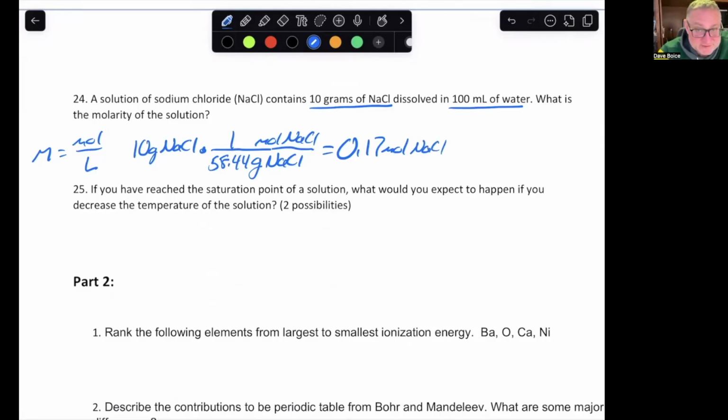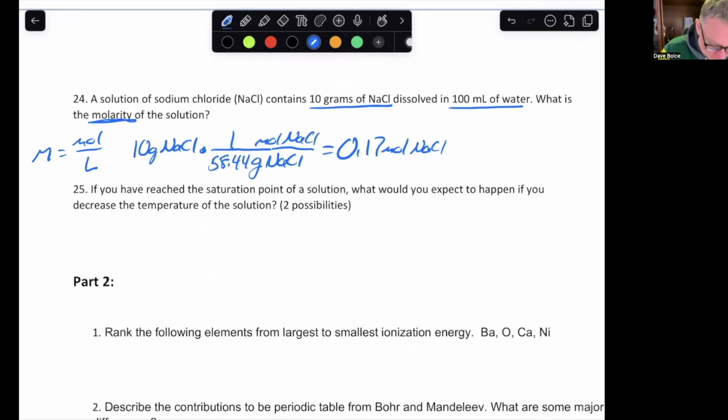Be careful, if this is multiple choice, almost for sure 0.17 is going to be one of your options, but they didn't ask you how many moles, they asked you what is the molarity. Very different, and that's moles over liter. 100 milliliters is equal to 0.1 liters if you divide that by 1,000. So really make sure you know that it's 1,000 milliliters for every liter. It comes up a lot.